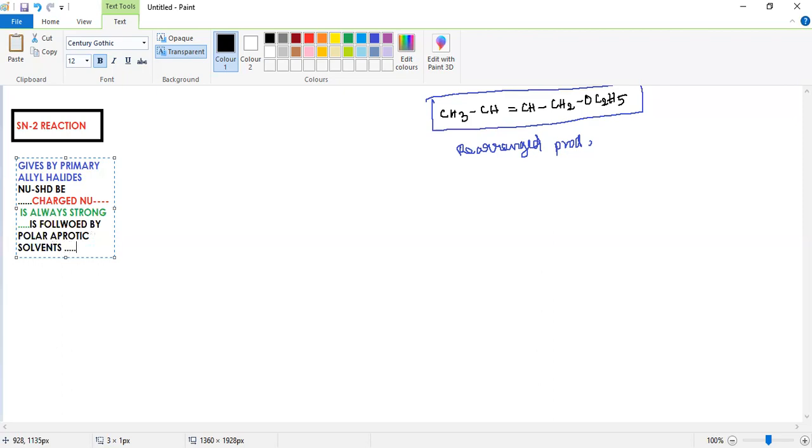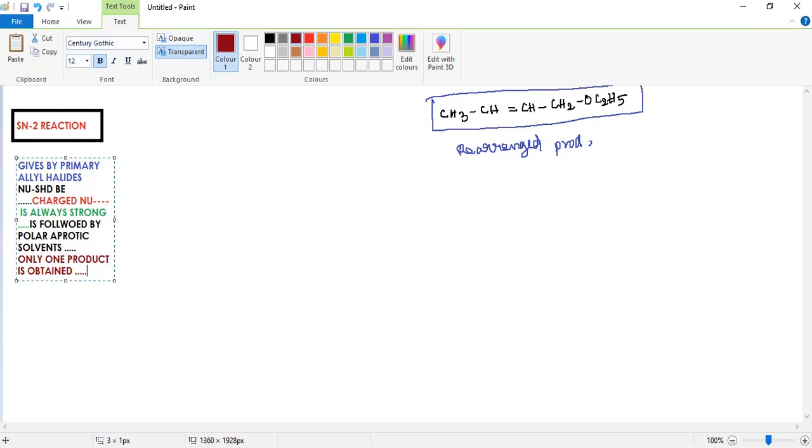And how many products are obtained? Only one product is obtained. But whereas with SN1, two products are obtained, where one is the normal product and another is a rearranged product.